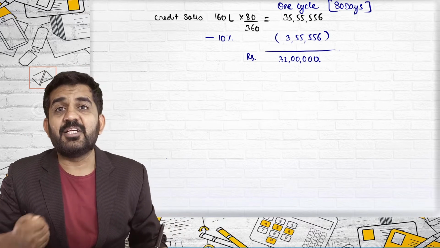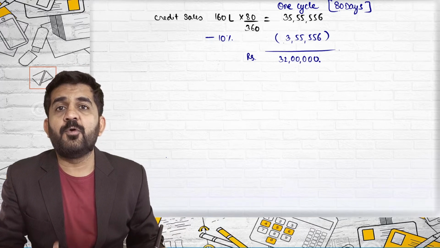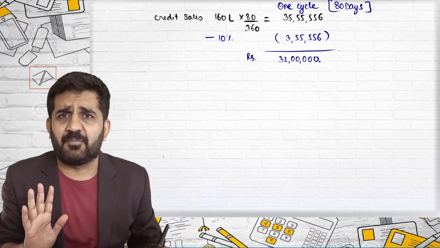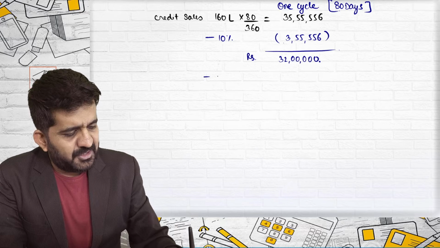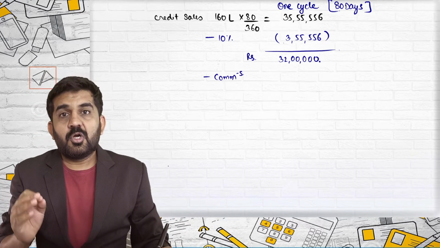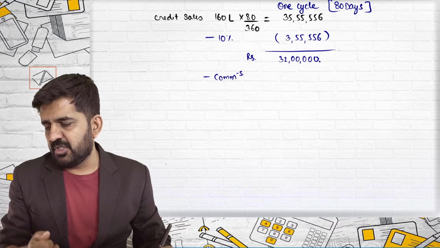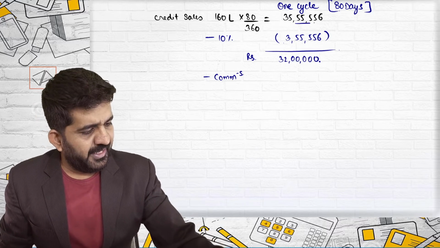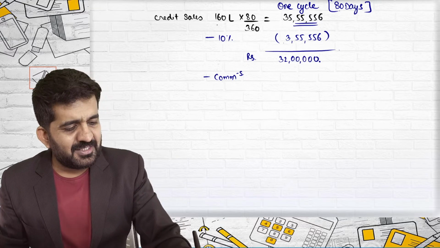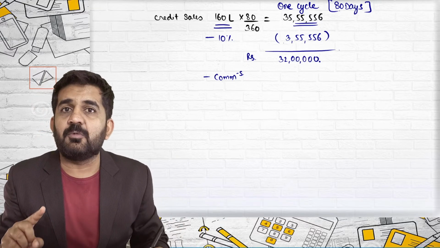But let us assume he does not give me full money because I need to pay him commission also. So commission is deducted from this figure. Commission he will be charging for your debtors purchased. Sir, he will not be charging on 160 lakhs. Yes, but that is per annum.